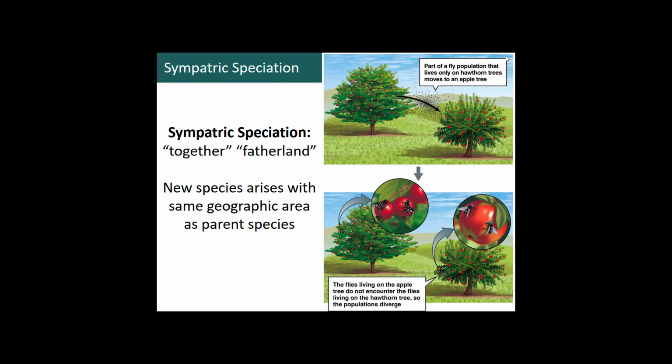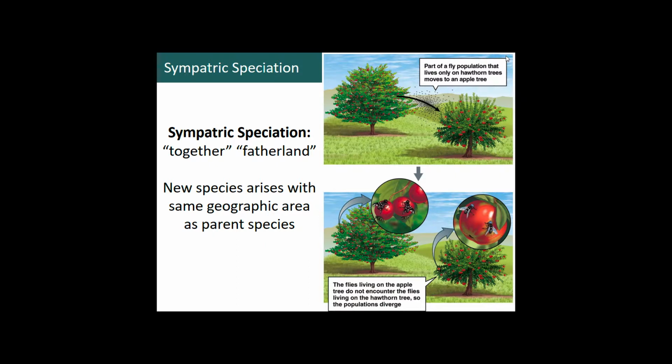The flies live on the hawthorn tree, they feed on it, and the individuals come together and do their courtship and mating display on the hawthorn, and then lay the eggs on the apple itself. The larvae hatch, and then they munch on the fruit.